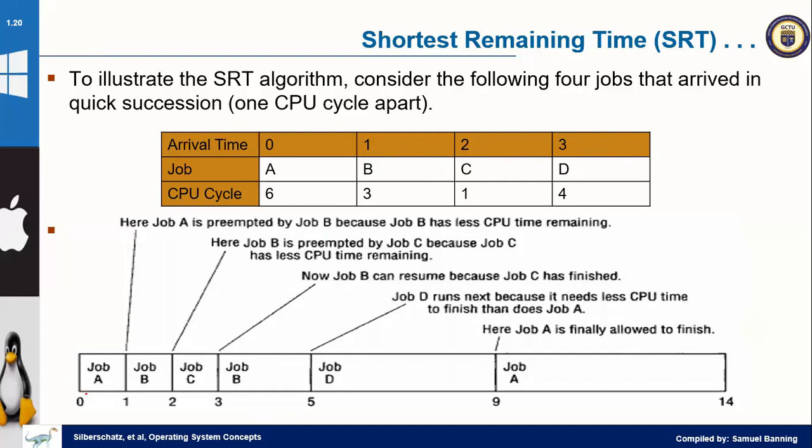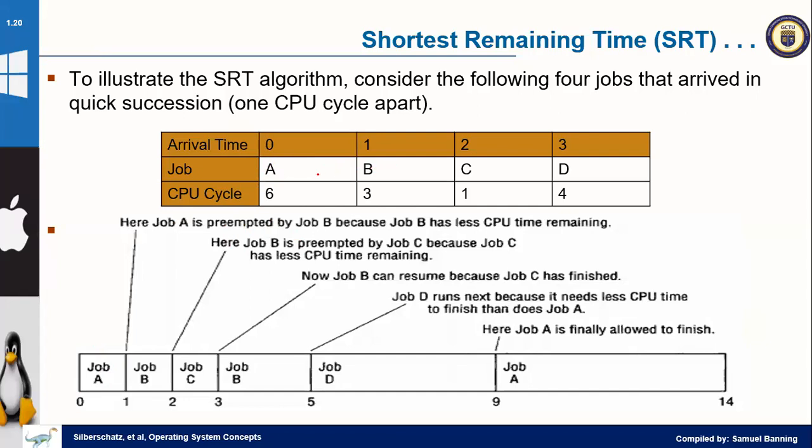So now coming to the timeline, at time 0, when the process scheduler interrupts, there is only job A. So the CPU is given to job A to execute. At time 1, when the process manager or scheduler interrupts, job B has been added.